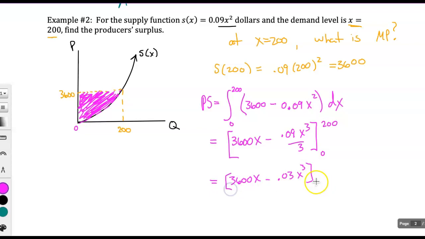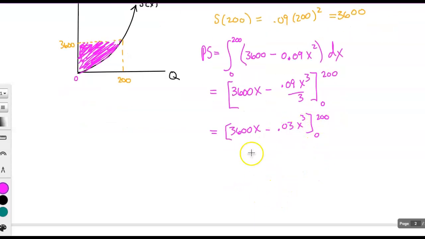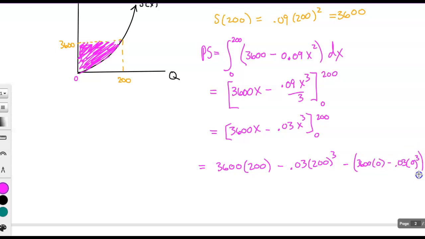Again, the 0 is going to give us 0, but I'll write it out. So this is 3,600 times 200 minus 0.03 times 200 cubed, minus 3,600 times 0 minus 0.03 times 0 cubed.